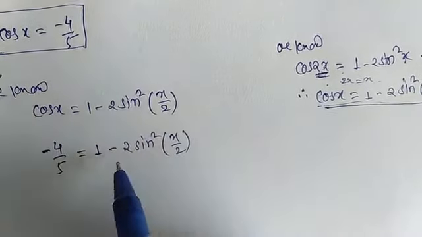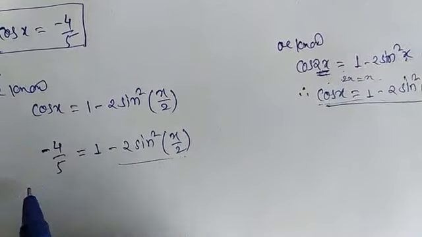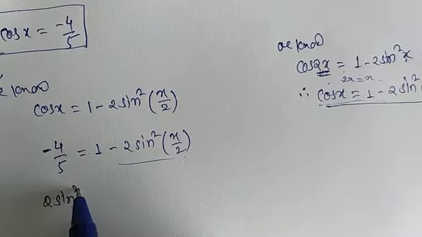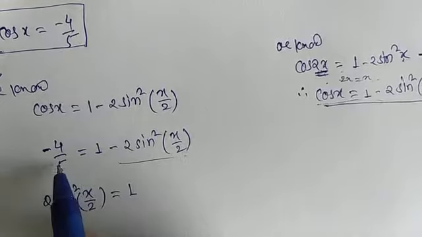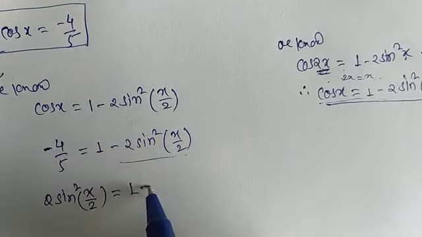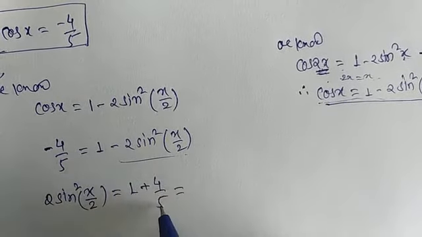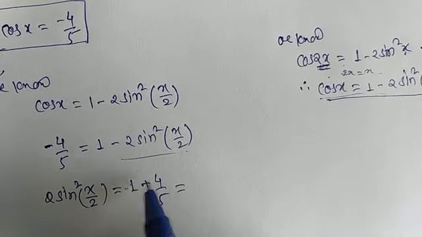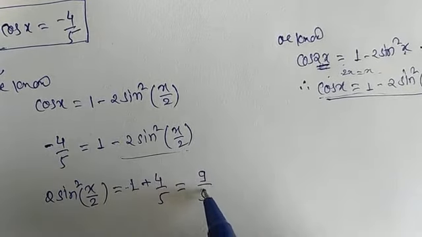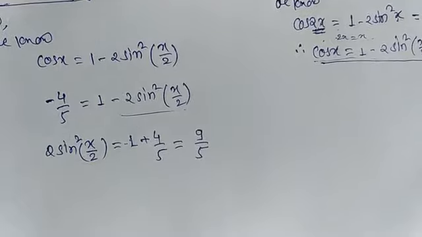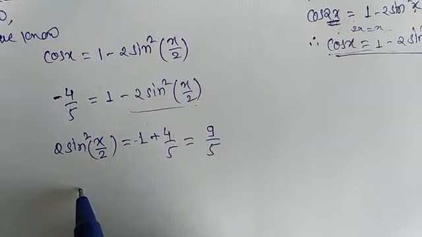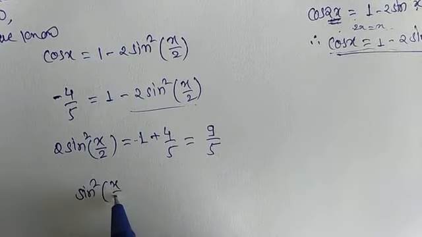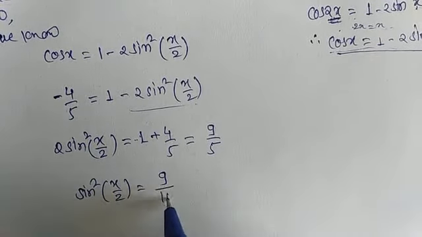We shift the negative term to the left, which gives us twice sine square x upon 2, and the minus 4 upon 5 on the right becomes plus 4 upon 5. So it will be 5 plus 4, which is 9 upon 5. So 2 sine square x by 2 is equal to 9 upon 5, which gives sine square x upon 2 is equal to 9 upon 10.